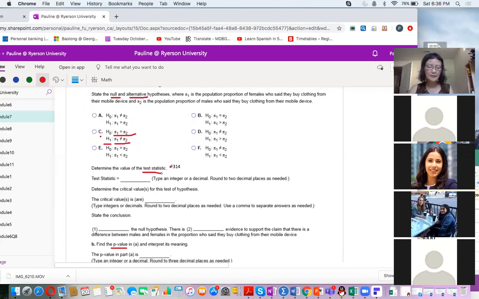So if you have your calculator ready, you press F3 test. Proportion problems always use Z test. So you press F1, Z. And this is two population proportion. You press F4, 2P means two proportion.